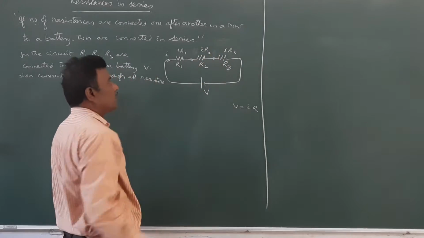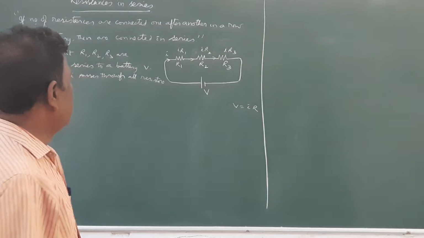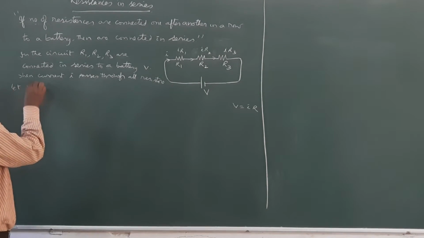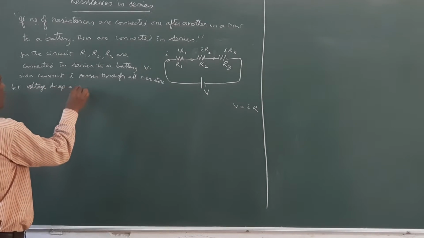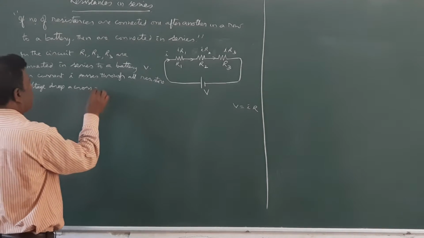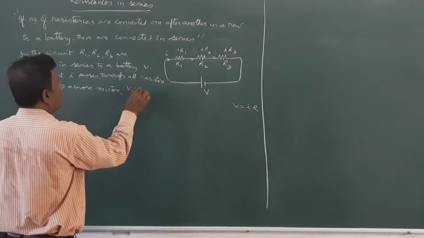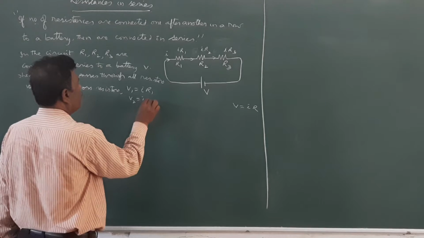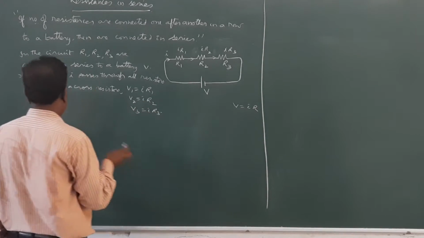These are the voltage drops across resistors. Let the voltage drops be V1 equal to IR1, V2 equal to IR2, V3 equal to IR3.